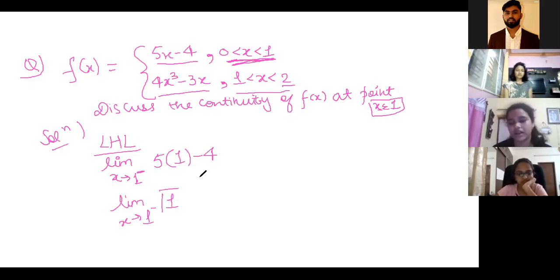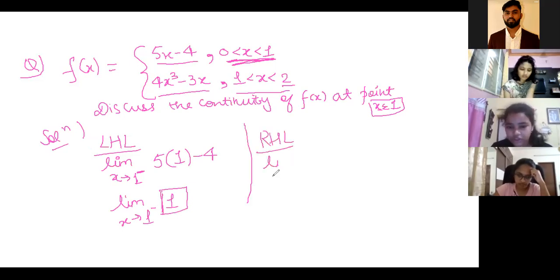is 1, which means our value over here is 1. Now similarly we'll find RHL also. In RHL also we'll write 1, but here we'll write plus. What does this 1 plus mean? This plus means that the value of x is greater than 1, which means we'll apply this condition here.